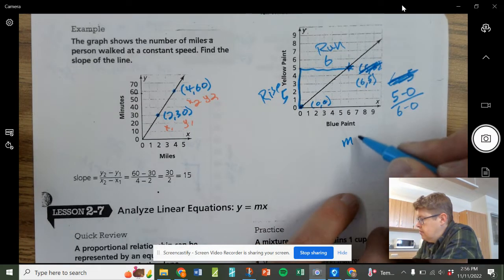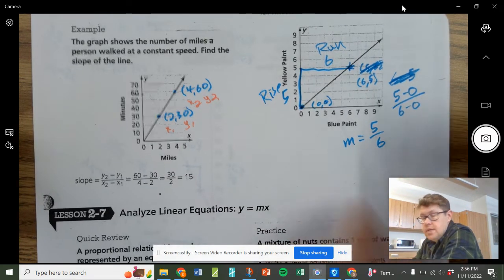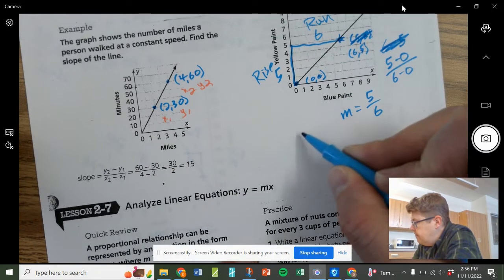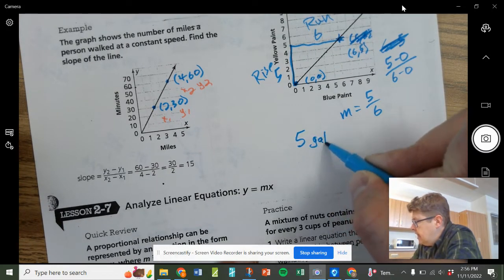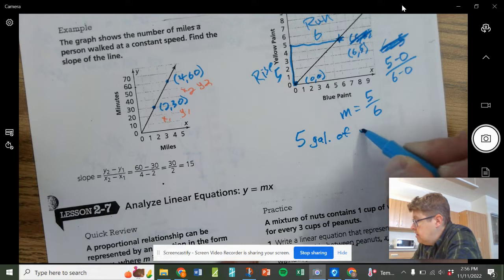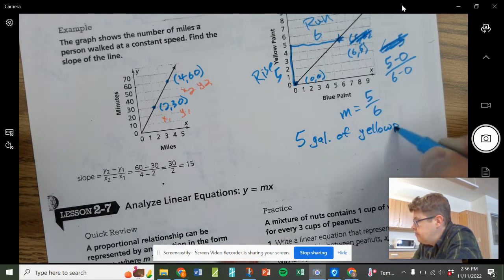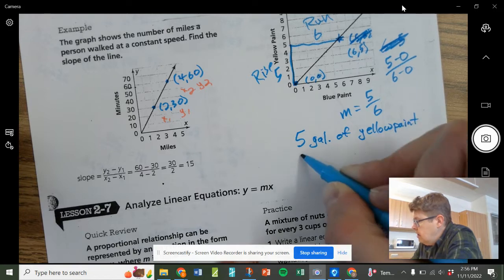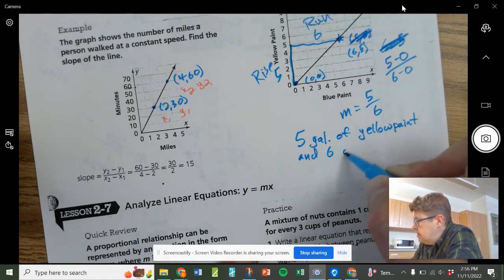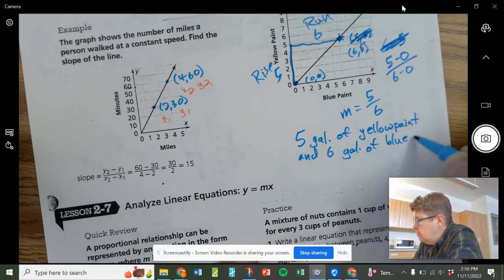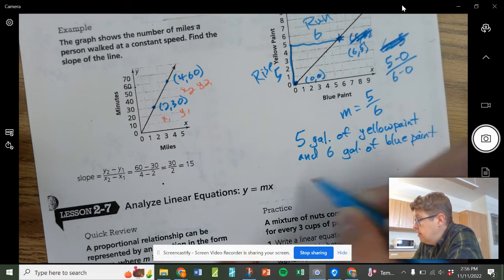So slope is 5 over 6, which means that you need 5 gallons of yellow paint and 6 gallons of blue paint to make green.